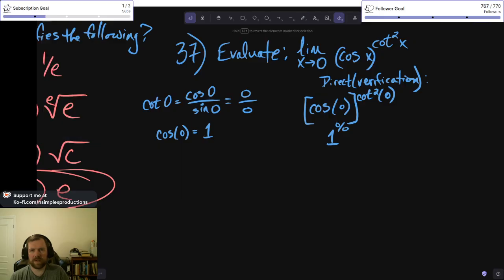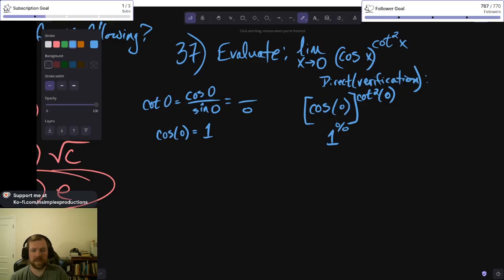No, that's not a 0. That's a 1. Right? Which is going to infinity. We don't technically know whether it's positive or negative infinity, but it's fine.